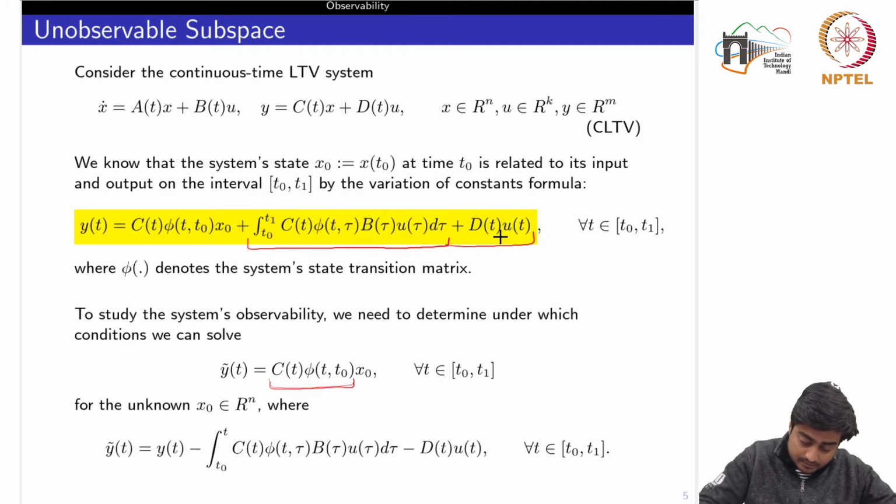So let's see. This is the equation we had seen earlier: y tilde is equal to C phi times x naught. Now if my y tilde, which is basically the subtraction of the output and a function containing the input, becomes equal to 0, then all those x naught belong to my unobservable subspace, because I cannot observe them at all.